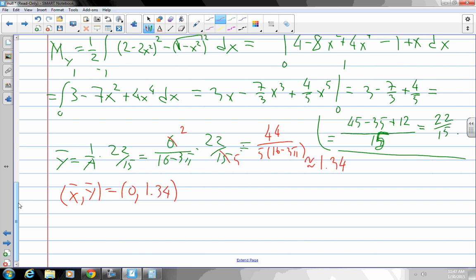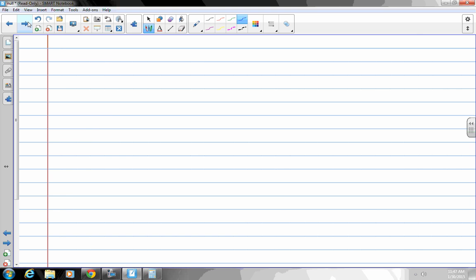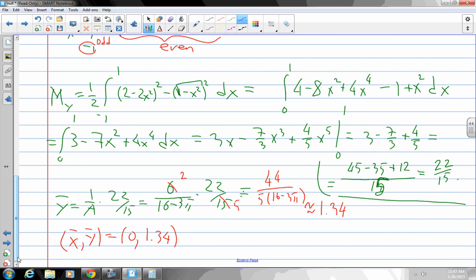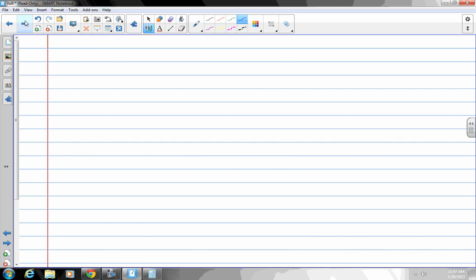So let's do this one. I have a region. Are we still there? We're done with this? So I have a region that's bounded by y equals x, y equals 0, y equals 1 over x, and x equals 2.